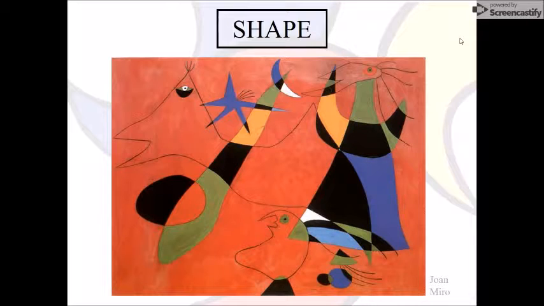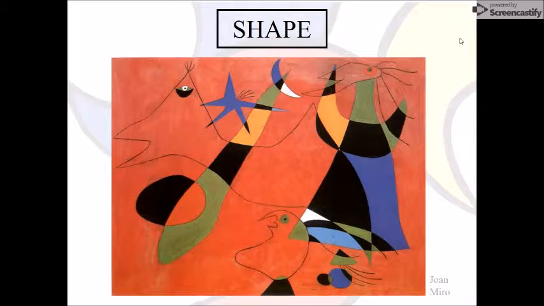Our next element of art is shape. Shape is shown in this painting here. Shape is an enclosed area. So it can be enclosed by lines, by colors, by other shapes, by values. If you look at this artwork, this has organic shapes, meaning free-form shapes.